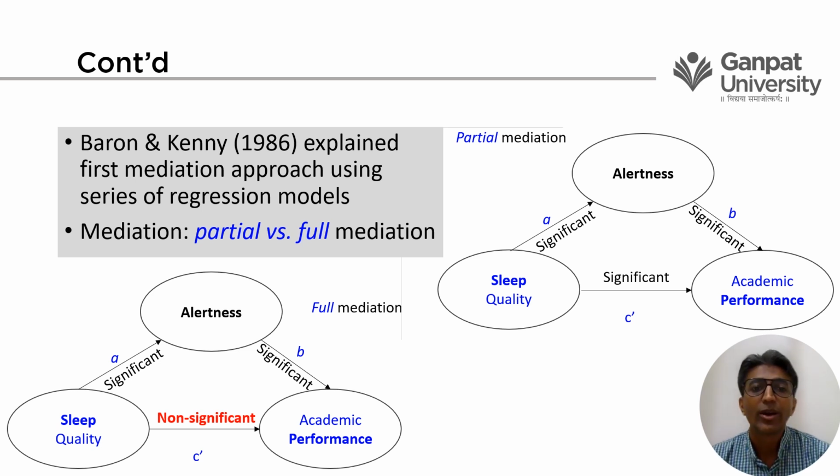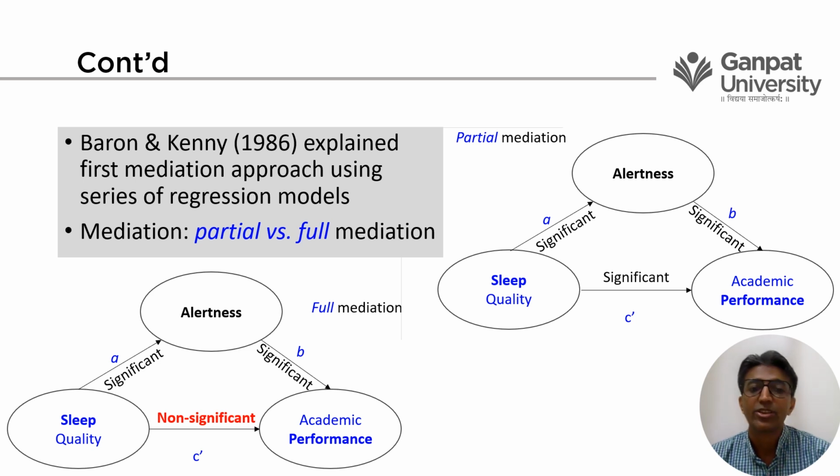According to Baron and Kenny, 1986, they explained the first mediation approach using a series of regression models. Visually, sleep quality affects your academic performance through the mediating variable called alertness. If the direct effect between sleep quality and academic performance, let's say C dash, is found to be non-significant, in that case it is called full mediation.